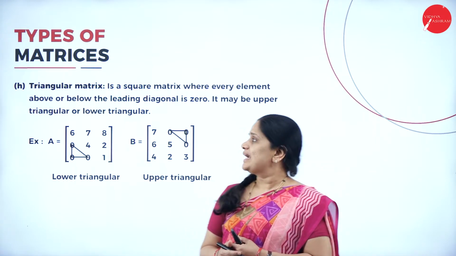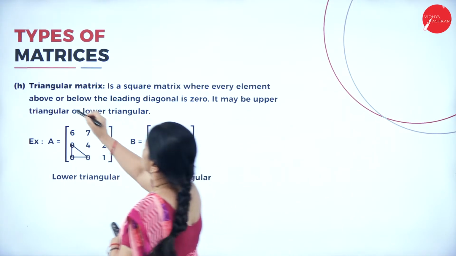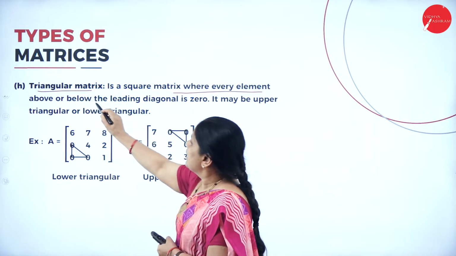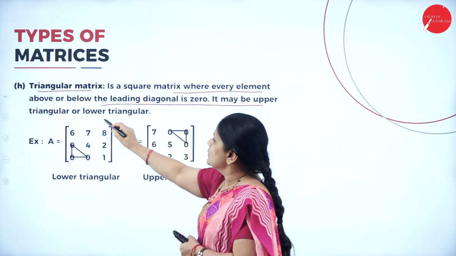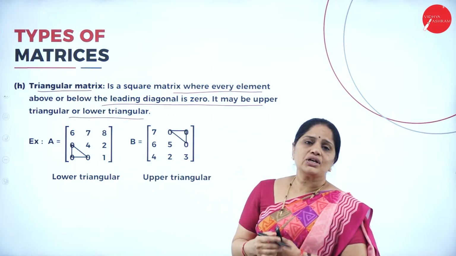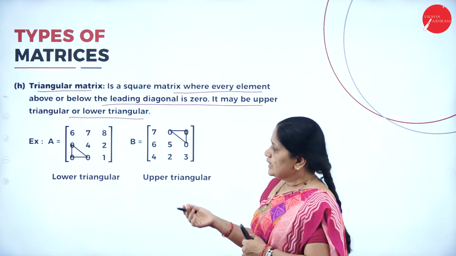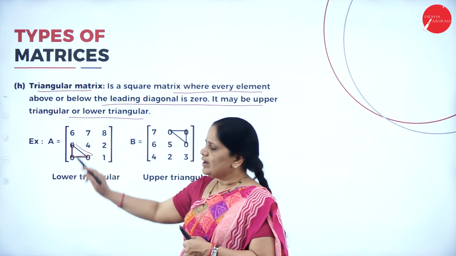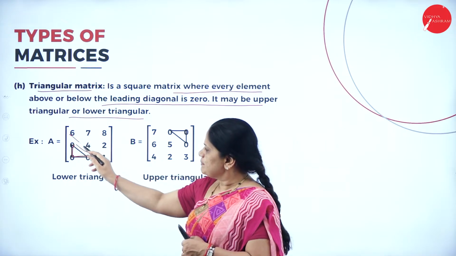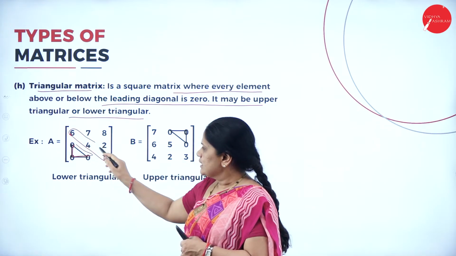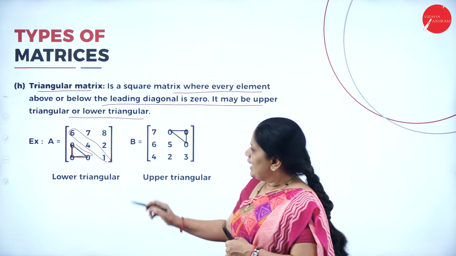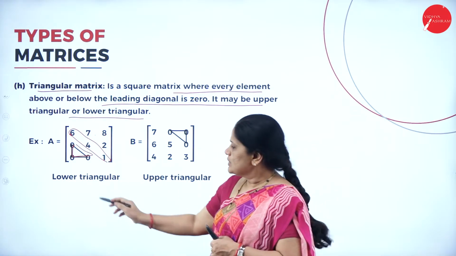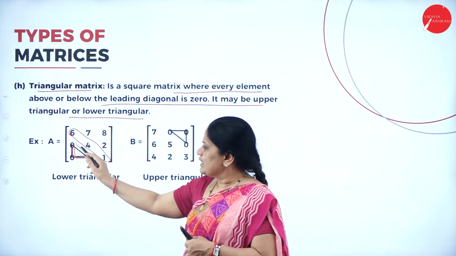Now the next type of matrix is the triangular matrix. A triangular matrix is a square matrix where every element above or below the leading diagonal is 0. It may be upper triangular or lower triangular. In this kind of triangular matrix, we can find a triangle of zeros. Here the principal diagonal elements are 6, 4, 1, and above the principal diagonal we have 3 zeros.